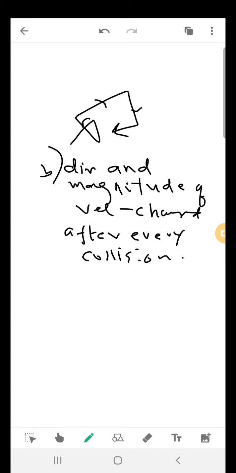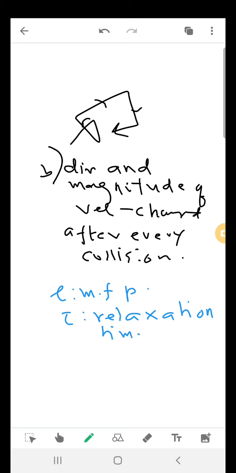Now, electrical conductivity in a metal is directly proportional to L, where L is the mean free path. The time between two collisions is called the relaxation time, and the relaxation time tau is equal to L by the velocity of the electron.